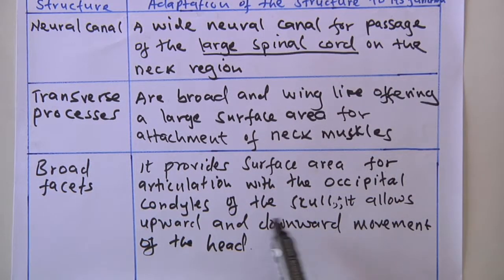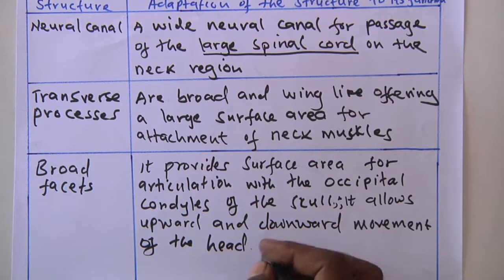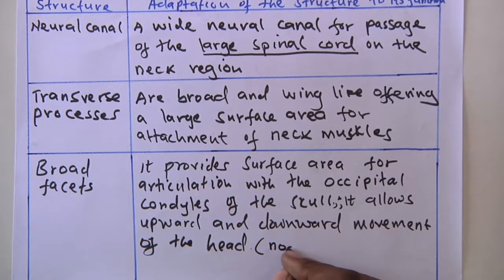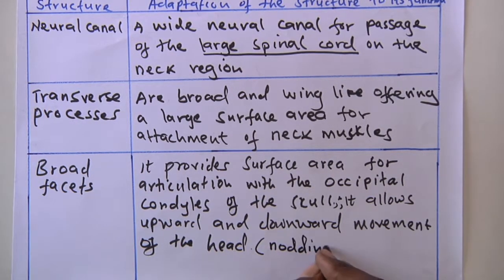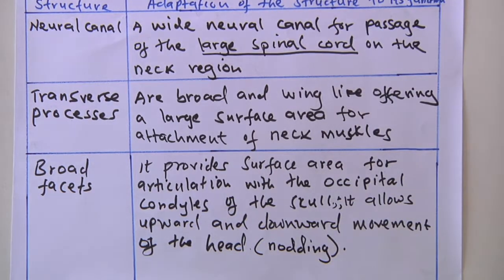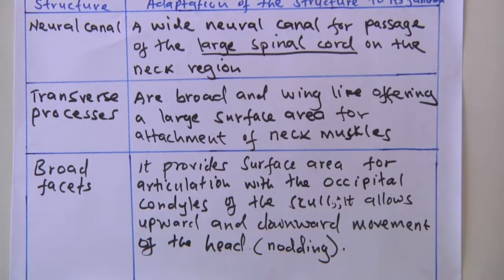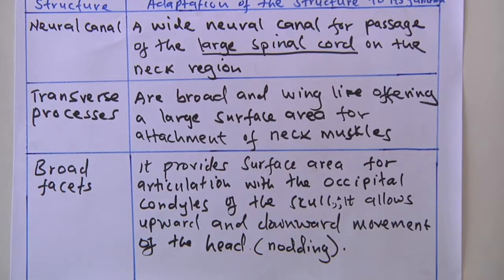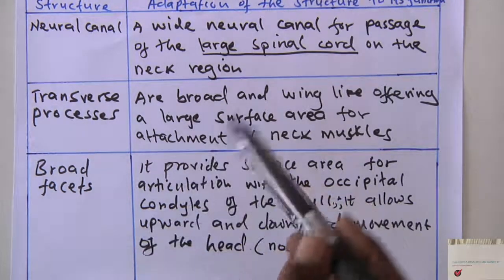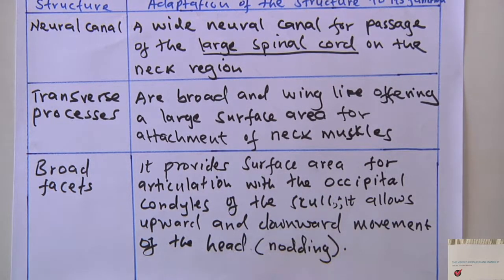When there is that upward and downward movement of the head, that is what we call nodding of the head. Most of you are quite familiar with what we mean by nodding of the head. When you move your head in an up and down direction, that is nodding, and that is a result of the occipital condyles of the skull articulating with the broad facets.